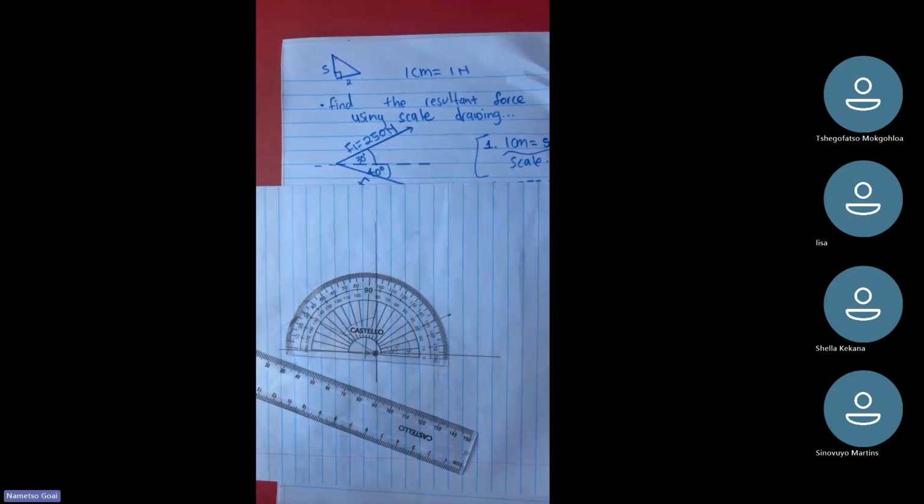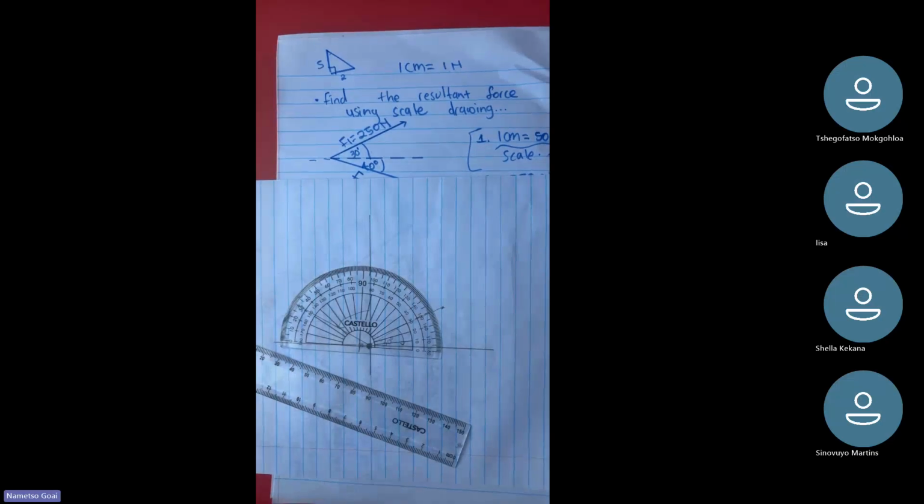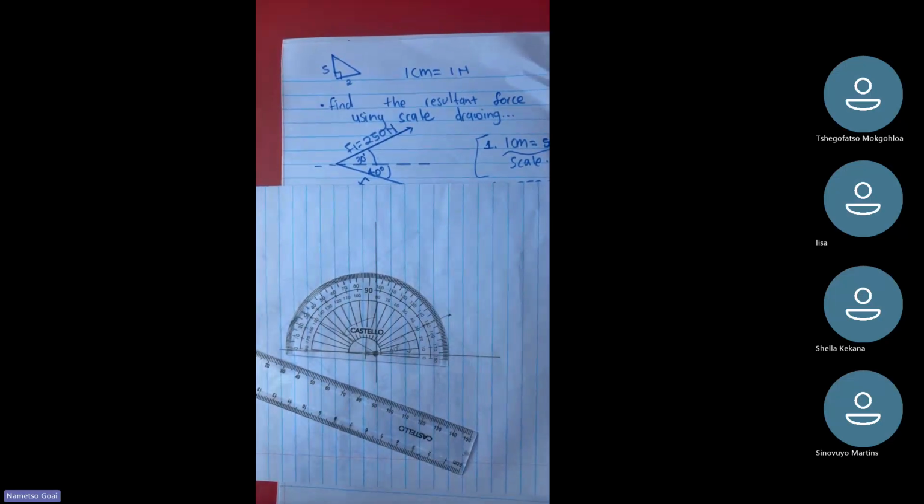The baseline is drawn horizontally to the right. So the 0 mark on the right is correct from the starting point. If you read from the wrong scale, you get the wrong angles.